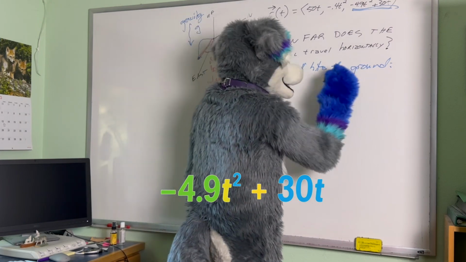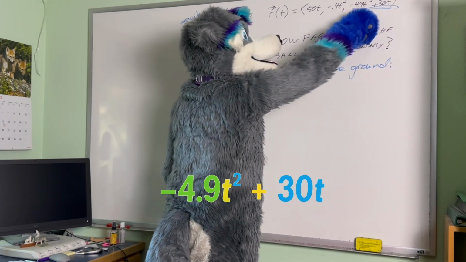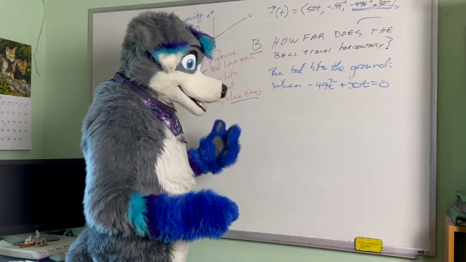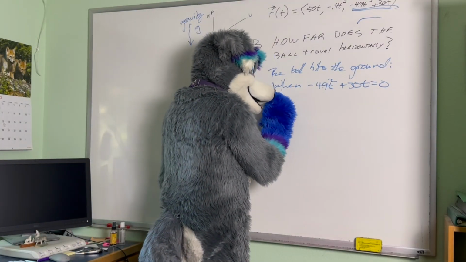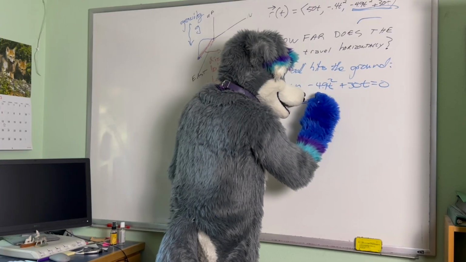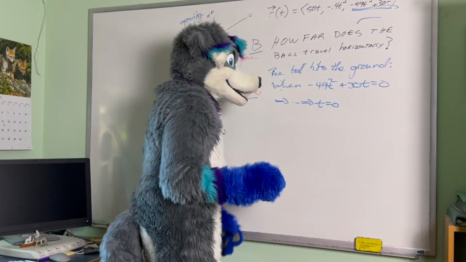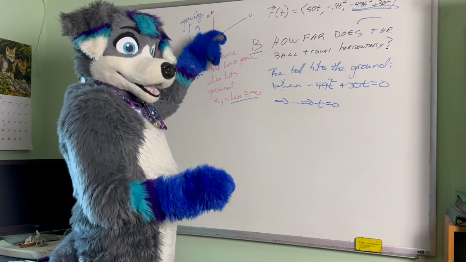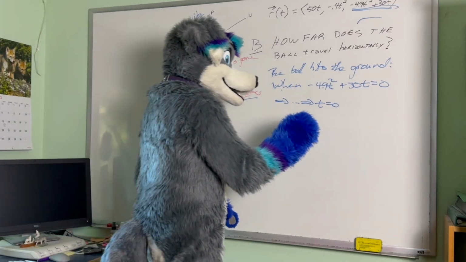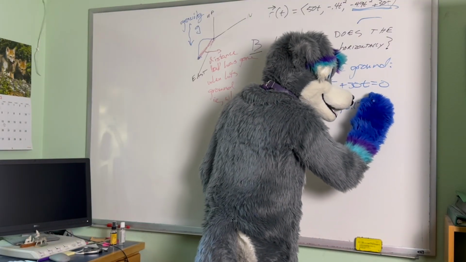So say when this thing equals 0. Now, basic algebra, you can use quadratic formula, factoring however you want. But if you solve that for t, you get t equals 0, which makes sense. That's when you start. You're on the ground when you start. We want to know the other value of t, 6.12 seconds.